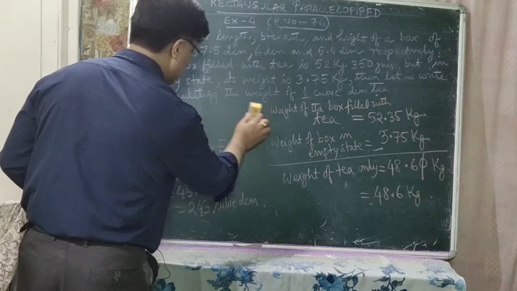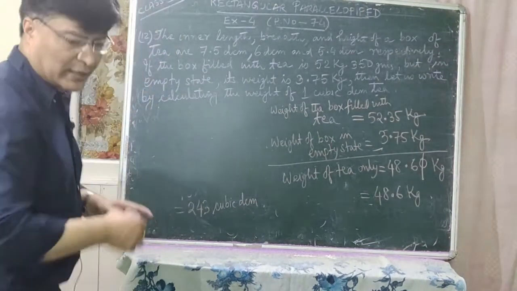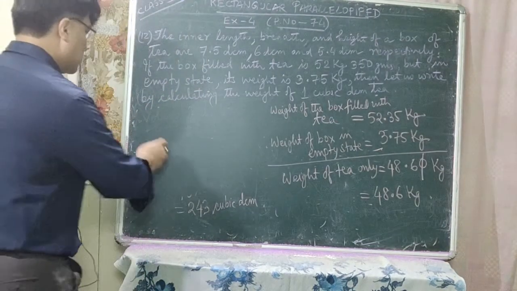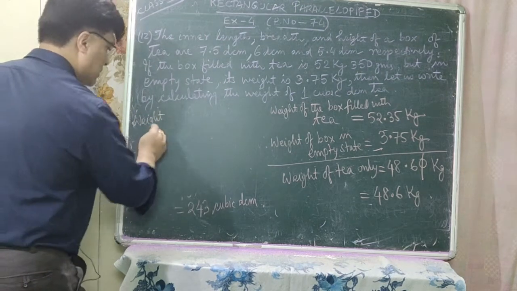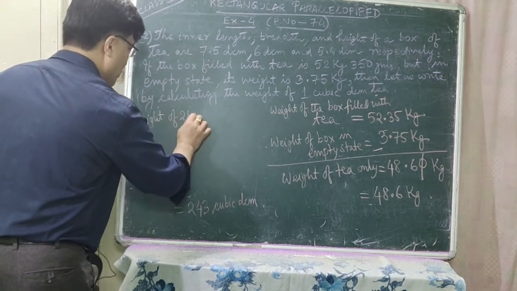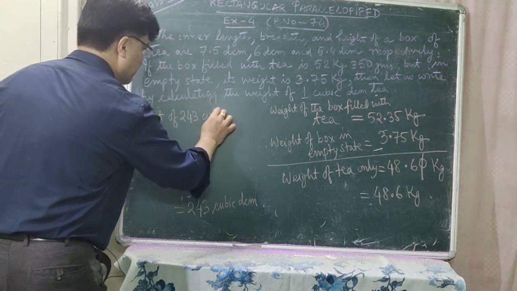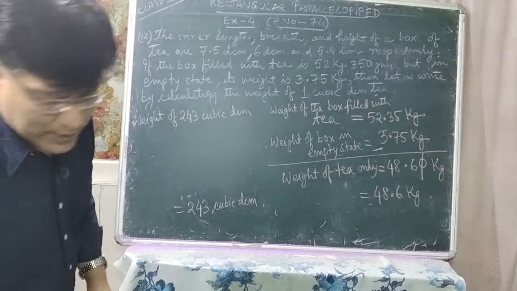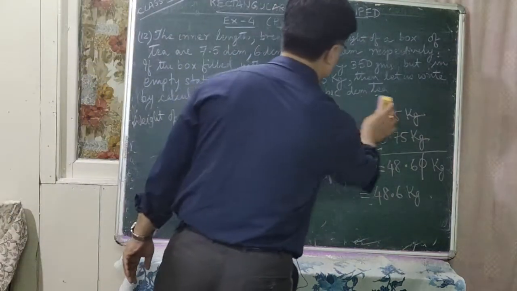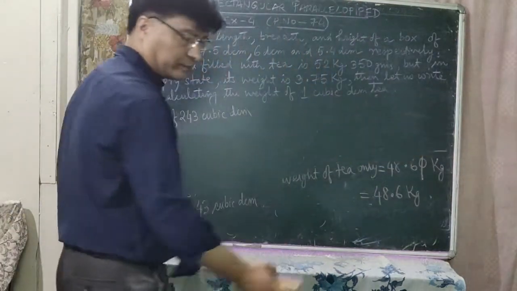Now let us find it here. Now we can write here, weight of 243 cubic decimeter, weight of 243 cubic decimeter, write down.